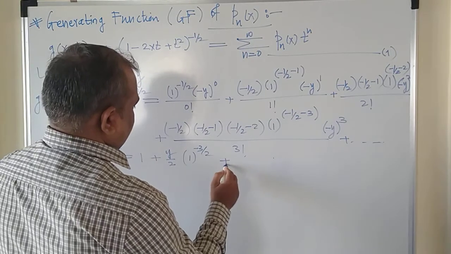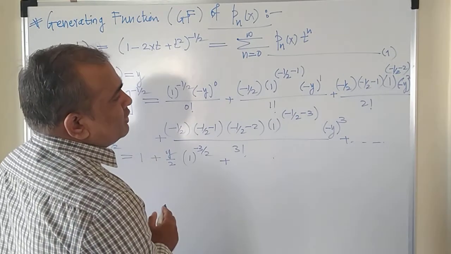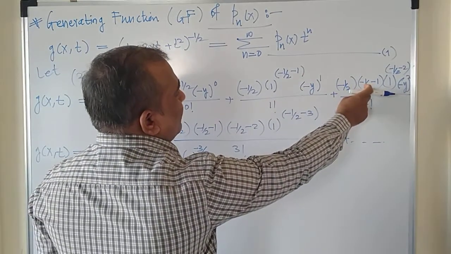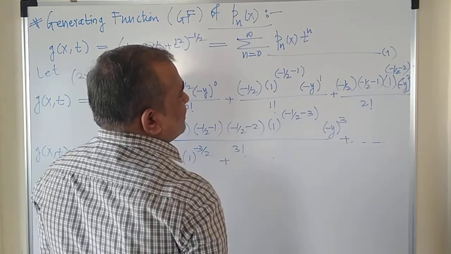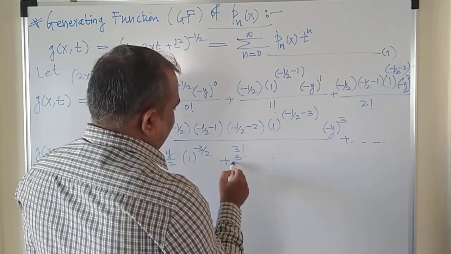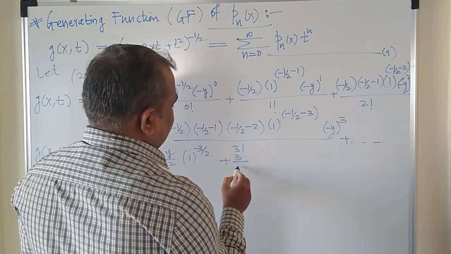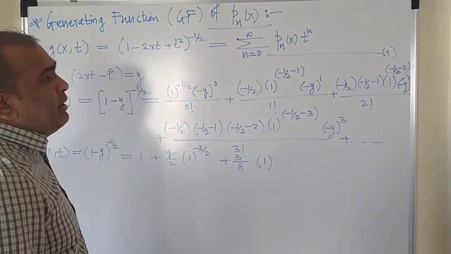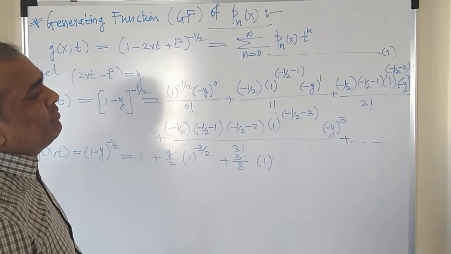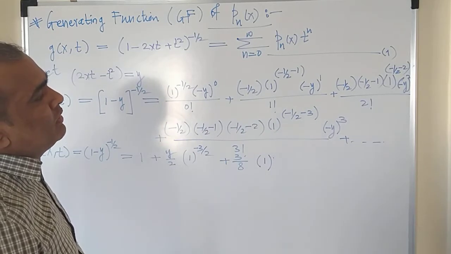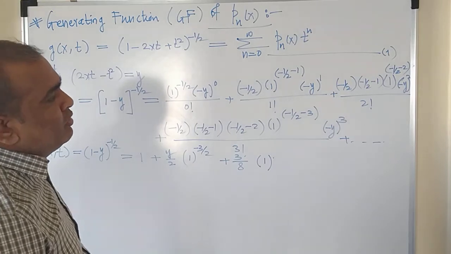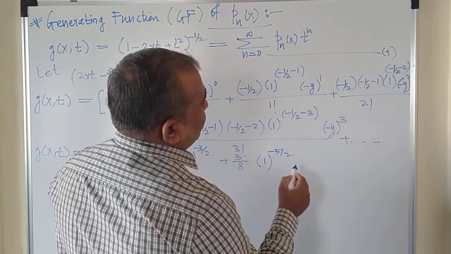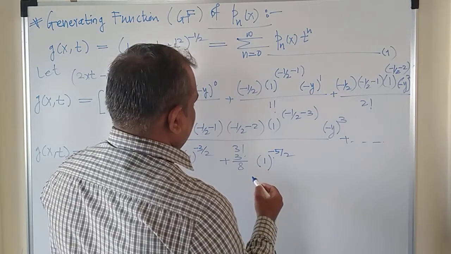and y, so let me write y by 2 here, plus the next term will be equal to this minus half and this minus 3 by 2, which will be plus 3 by 4, and this 3 by 4 divided by 2 factorial, that means 3 by 8 it will become, into 1 raised to power minus half minus 2. If you equate the denominator, then minus 1 minus 4 will be minus 5 by 2, minus 5 by 2, and minus y square will be positive y square.